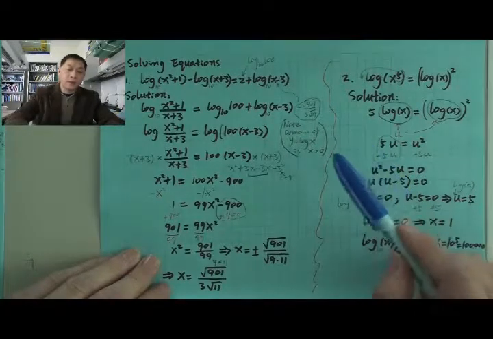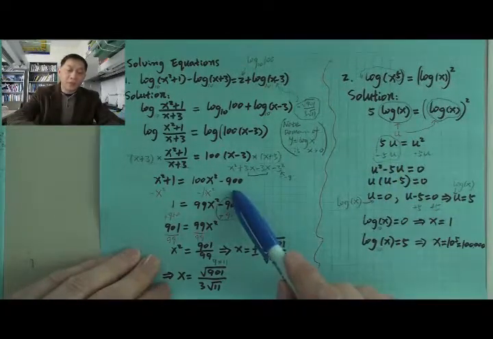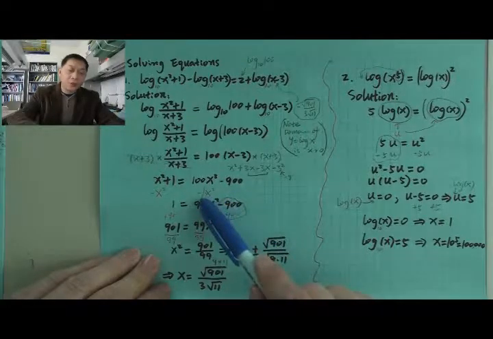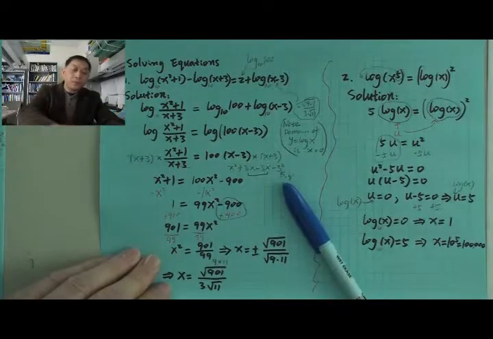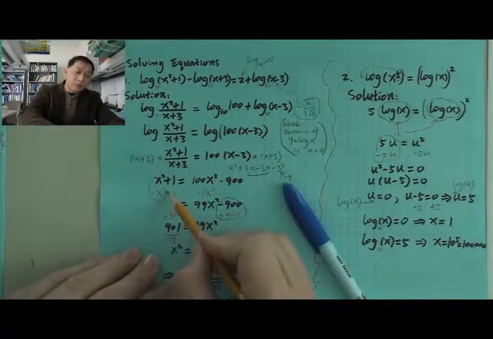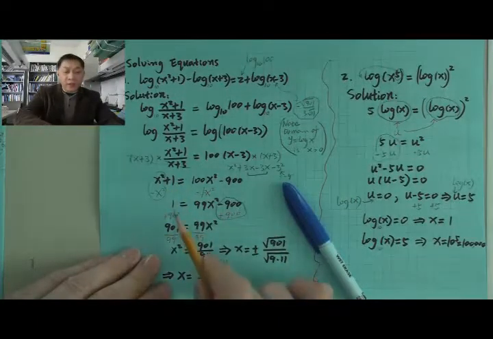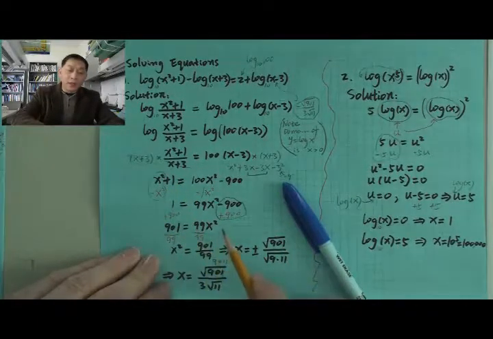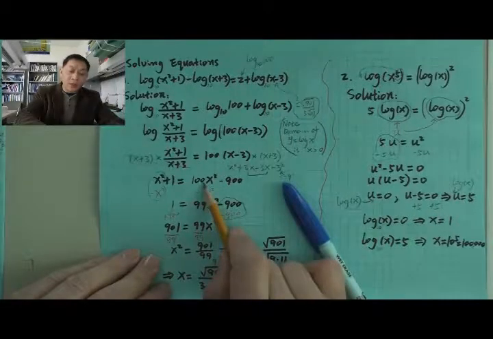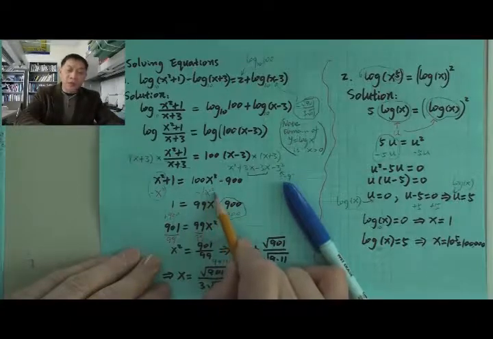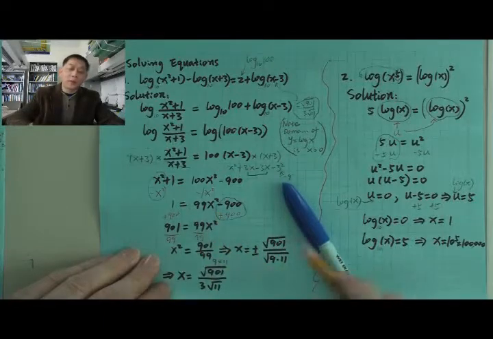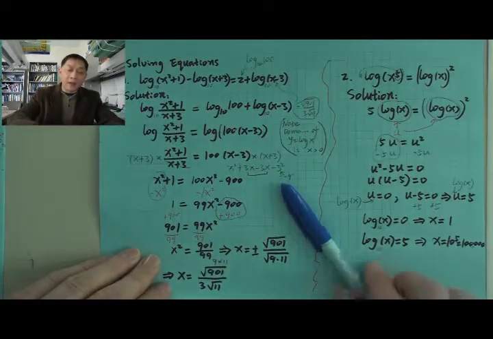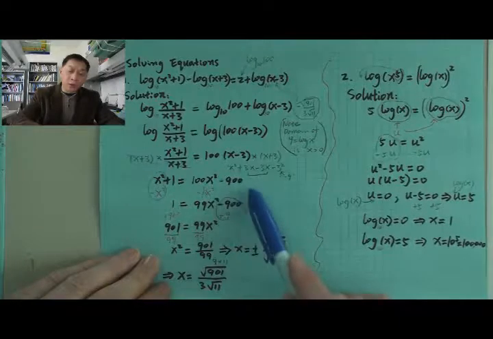Now, subtract x squared from both sides, then you can cancel the positive and negative x squared. The left-hand side has 1. The right-hand side has 100x squared minus 1x squared, so that's 100 minus 1, which is 99x squared. And we have a negative 900 here.